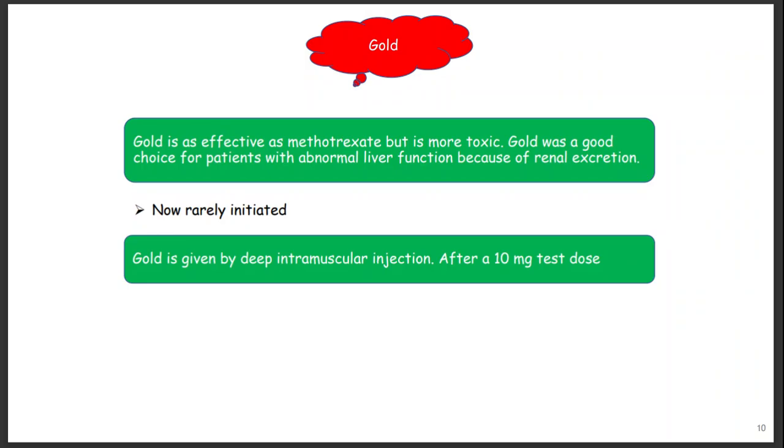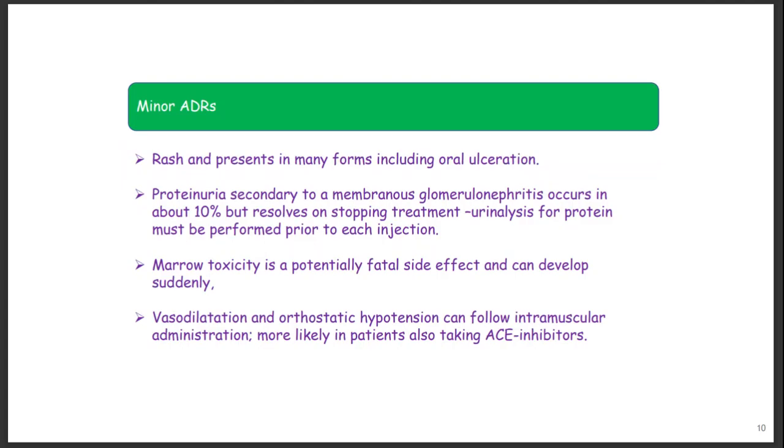You also have what is known as gold. Gold is as effective as methotrexate, but the problem is that it is toxic. It was a good choice for patients with abnormal liver function because it is excreted in the kidney, but is now rarely given. It is given by deep IM injection after a 10 milligram test dose.